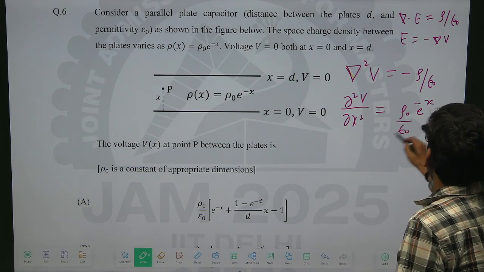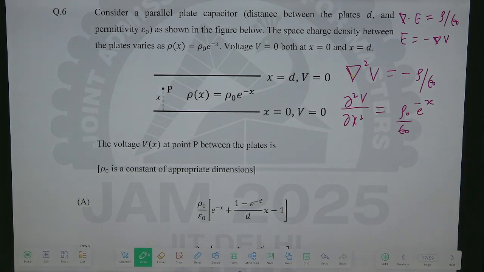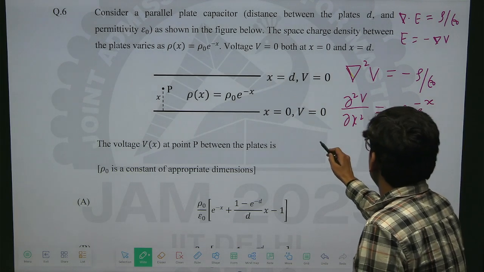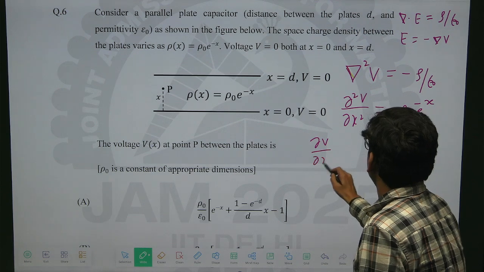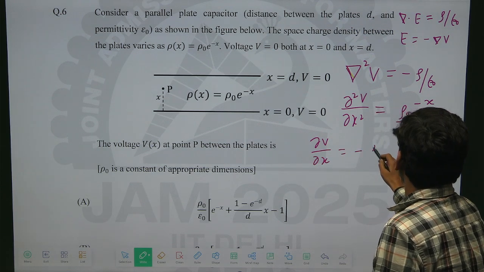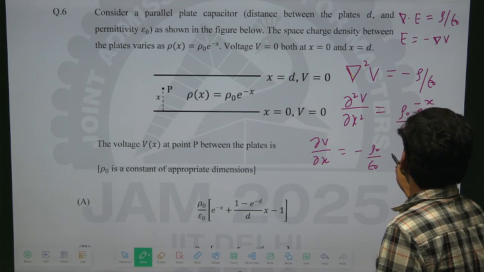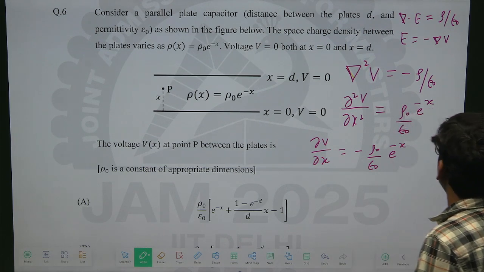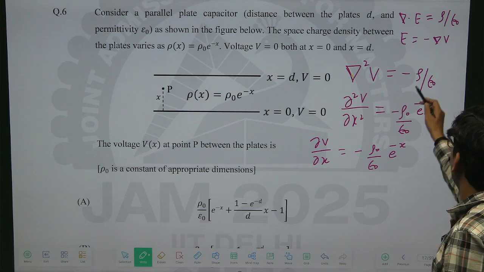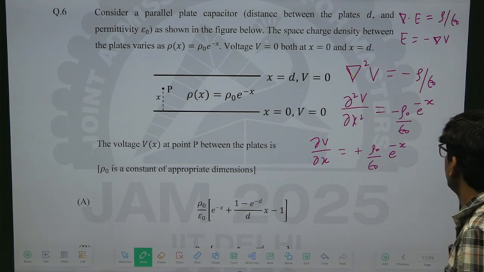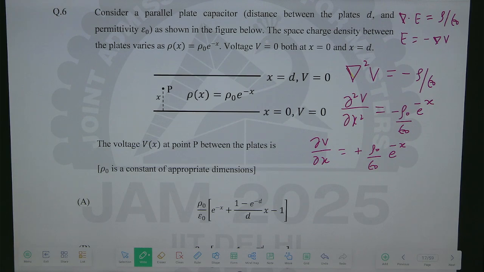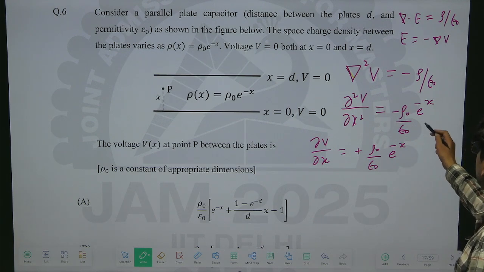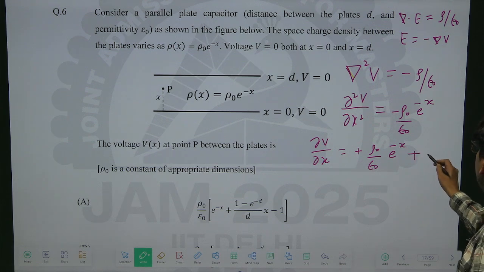Now integrate it once, you will get del V by del x is equal to minus rho naught by epsilon naught e to the power minus x, and the minus sign was there, so it will become plus, and a constant of integration will be introduced, that is C1.